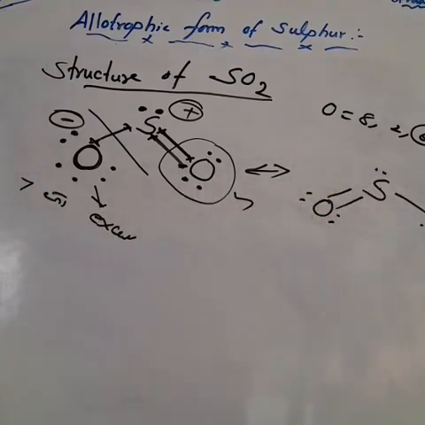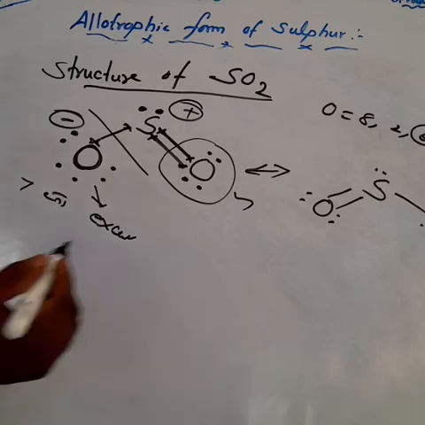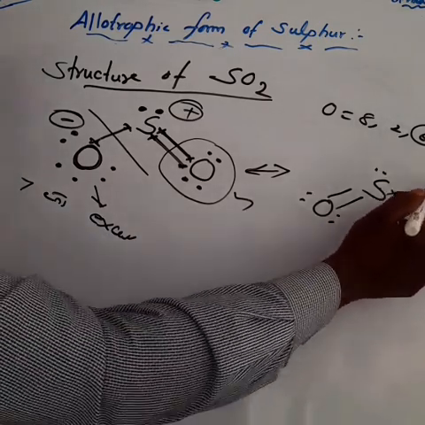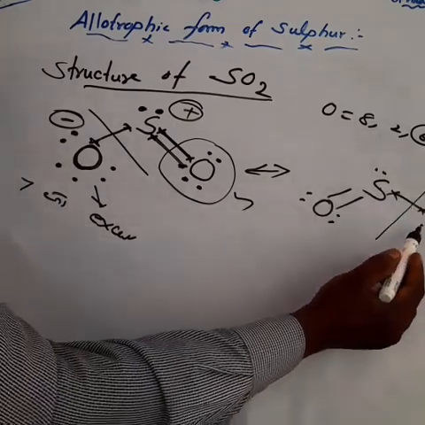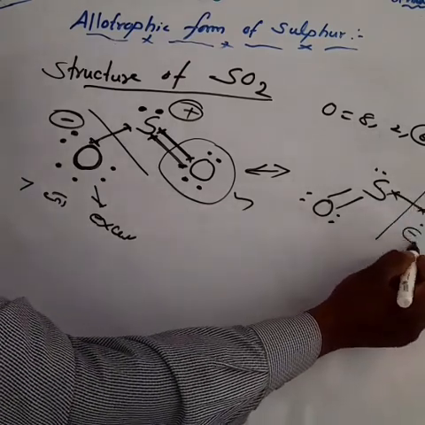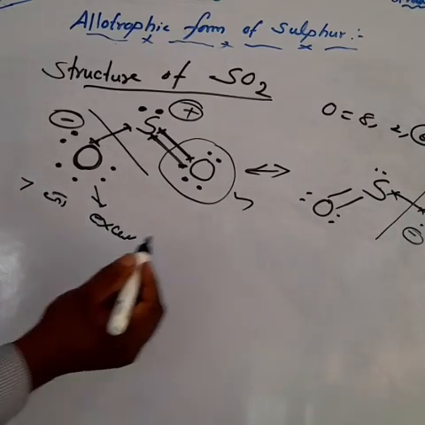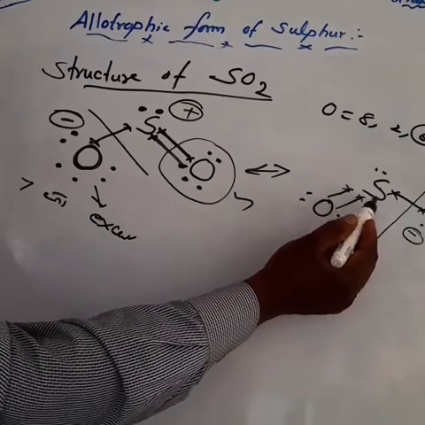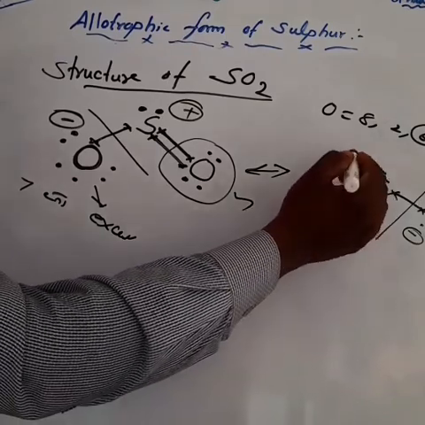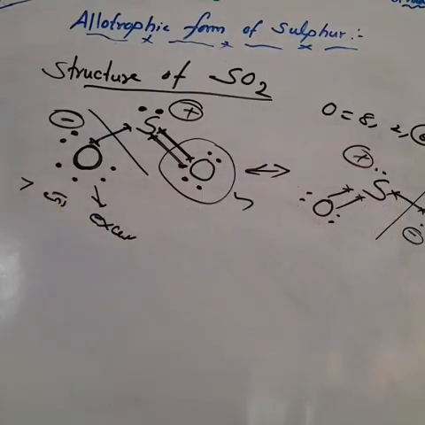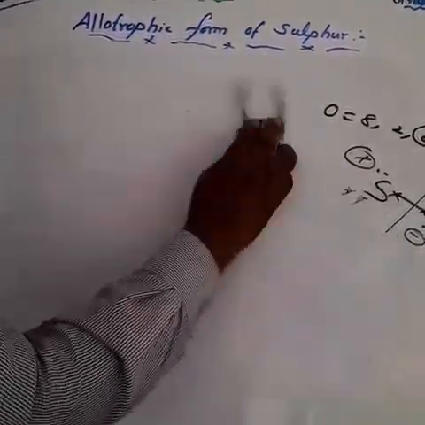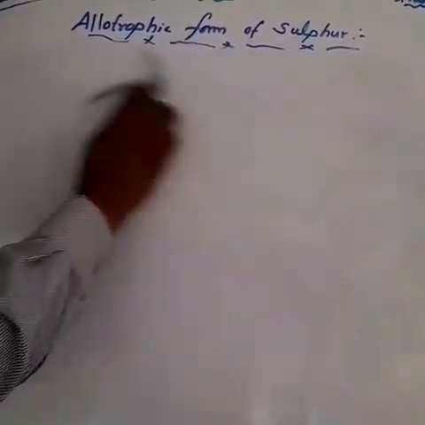Sulfur also has 2 electrons, already we know that. So how can you find the charge? This bond also has 2 electrons. I divide here, and now when we count we get 7 electrons, which is an excess electron, so make it minus here. What about the sulfur? Sulfur must contain 6 electrons in the outermost shell, but now it has 1, 2, 3, 4, 5 only, a loss of an electron, so make it plus. Am I right? This way we can easily find the charge of each element in the molecule.